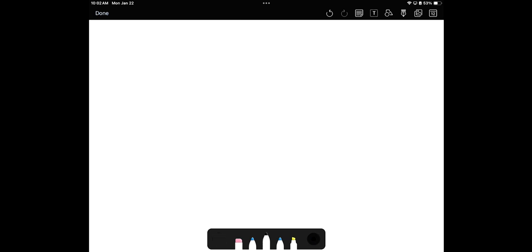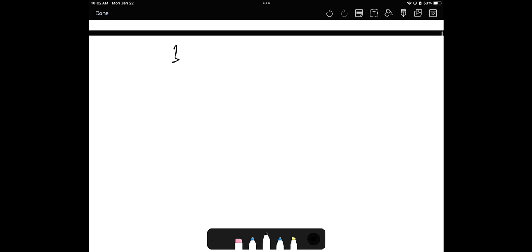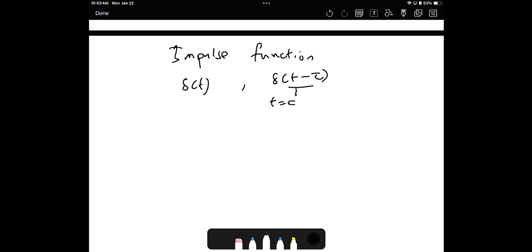Okay, let's go to the impulse function. We already started talking about the impulse function last lecture, which we denoted by delta of t, with a lowercase delta. Or we can say delta of t minus tau, so it's shifted by making t minus tau equal 0, therefore t equals tau.